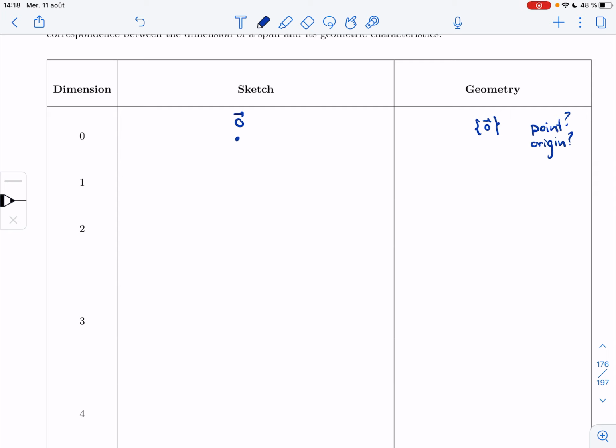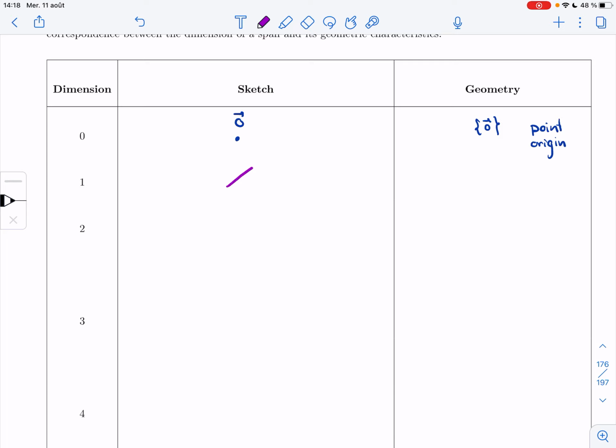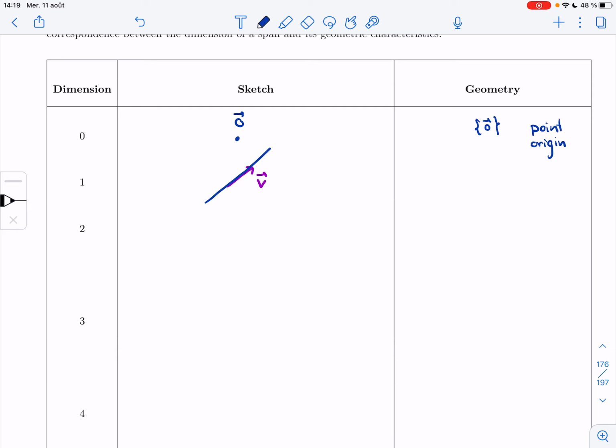All right, dimension 1. That means you need one generator. So you have your one generator, and you take all multiples of it, and so you get a line. And so this one is a line.